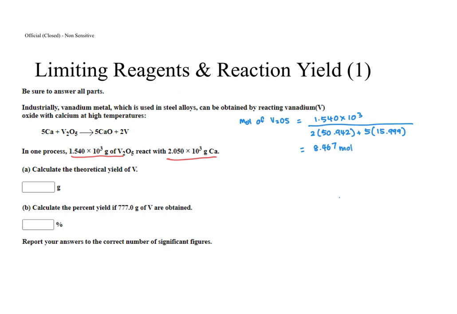So we get 8.467 moles of vanadium oxide. Let's do the same for calcium. So we will take the mass and divide by atomic mass of calcium.